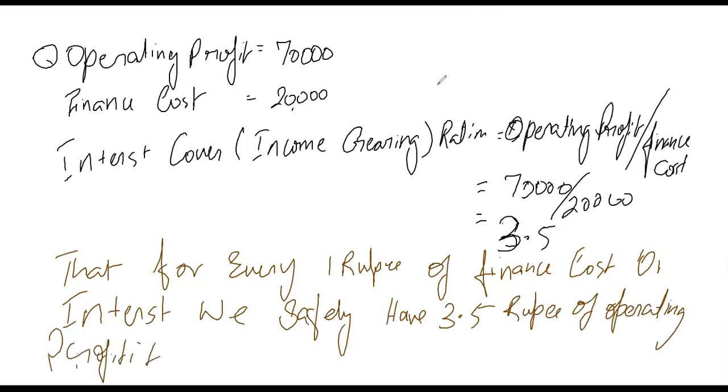Now, this is a good company because for every 1 rupee of finance cost that we have right now, we are generating 3.5 rupees of operating profit. So we can easily pay the finance cost that is there within our business. So this is the ratio that we have discussed right now.